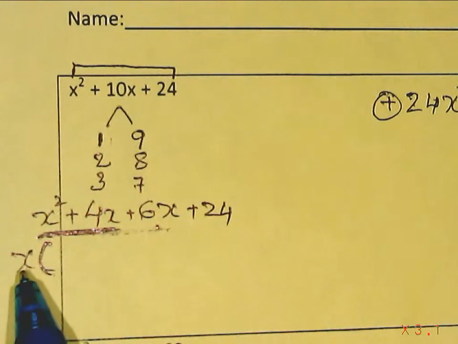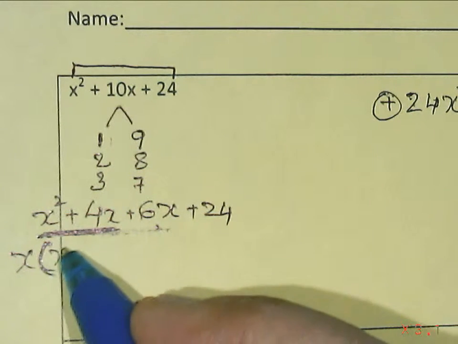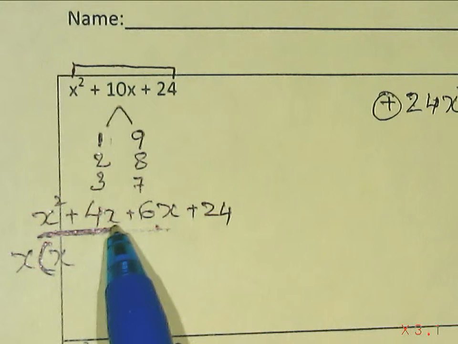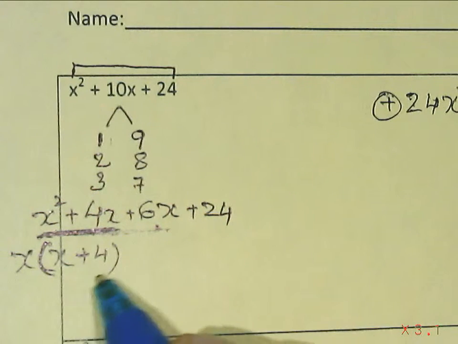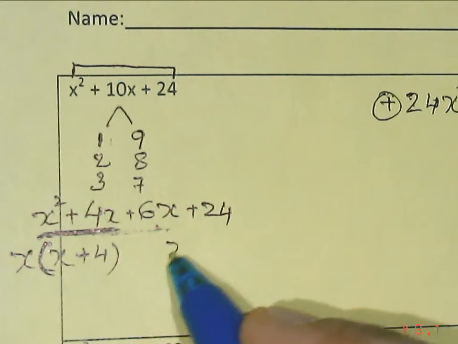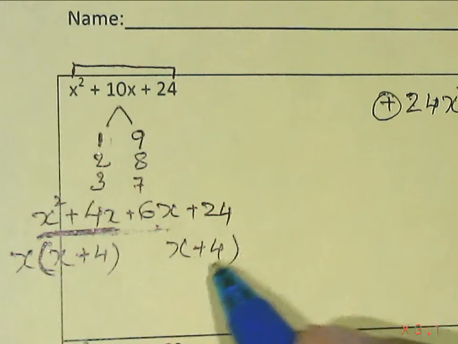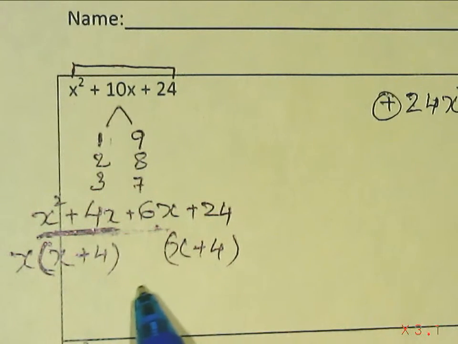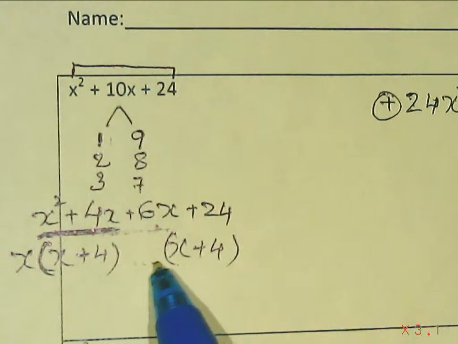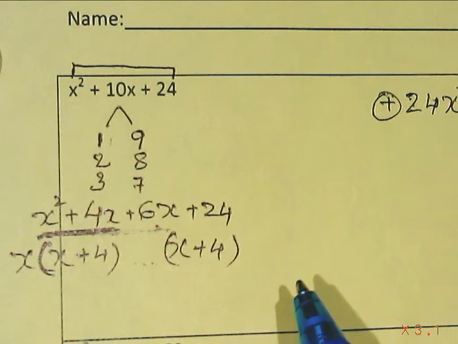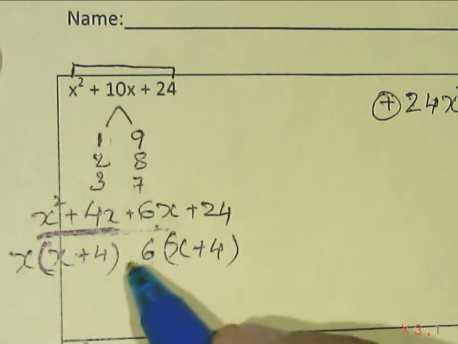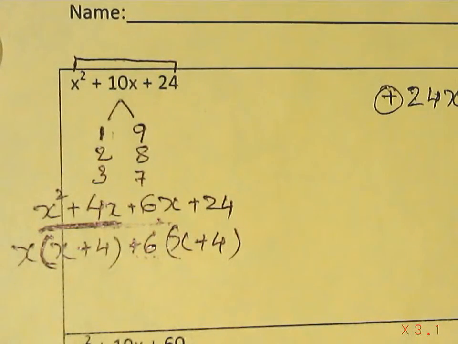Then one is taken out, and I am left with 1x. From 4x, if x is pulled out, I am left with positive 4. Repeat the same again as x plus 4 here. Then with what number do I have to multiply in order to match up? 6. Good.